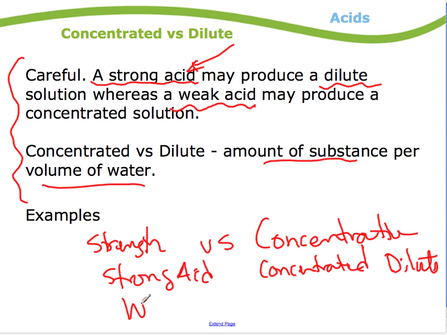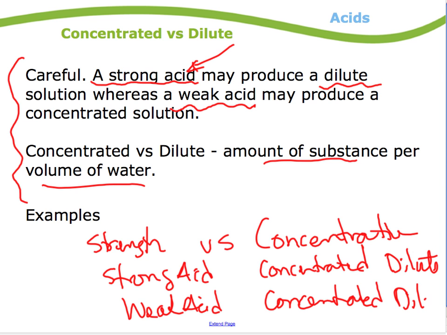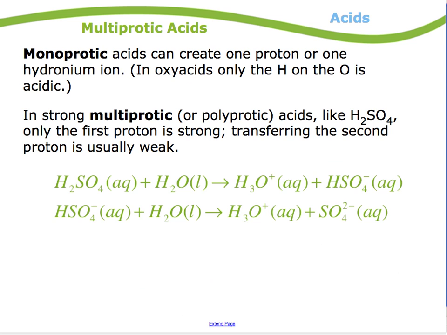And similarly, I could have a weak acid, one that dissociates very little, but it could also be in a concentrated form, or in a dilute form. Okay, so it might be worthwhile to review those ideas a little bit.